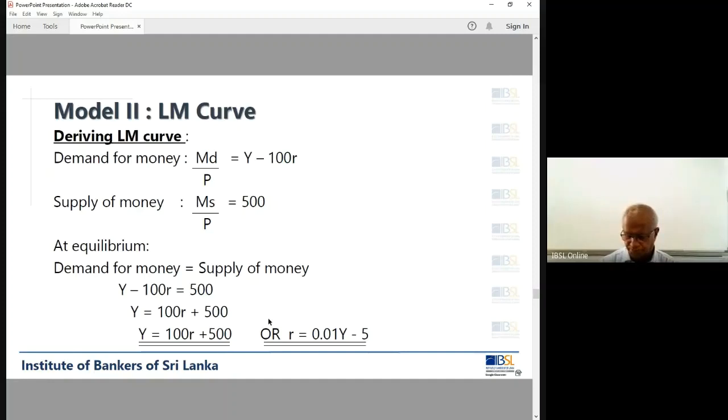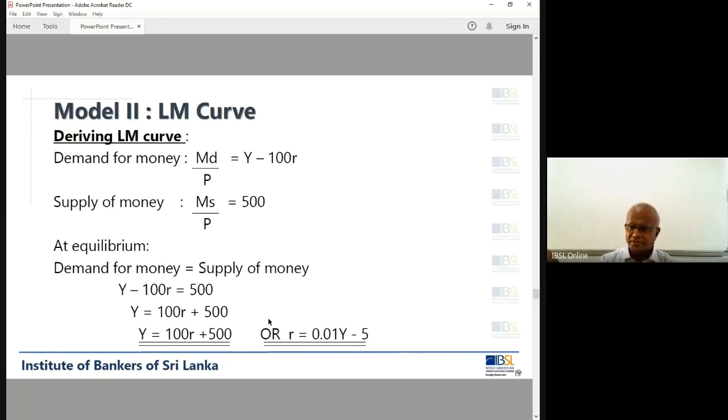Y minus 100R equals 500. Y minus 100R is the demand for money; 500 is the supply of money. Money market is in equilibrium. Demand for money equals supply of money. Then we can derive the relationship between Y and R. That is called the LM curve.